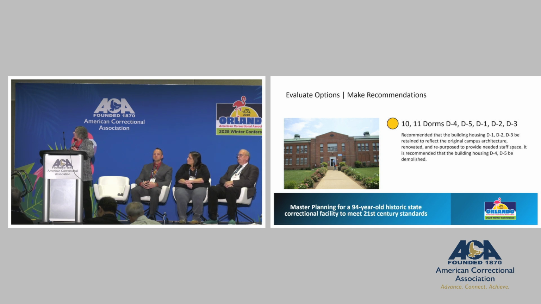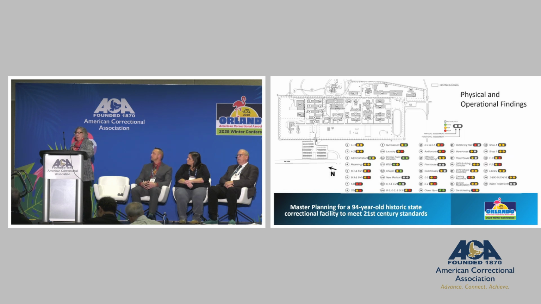And then in the report, we listed the condition. Yellow was considered fair. We rated the spaces and made recommendations for their use. And then we provided them with a site plan where we did the physical and the operational assessment side by side so they could see which buildings at a glance needed to be replaced.